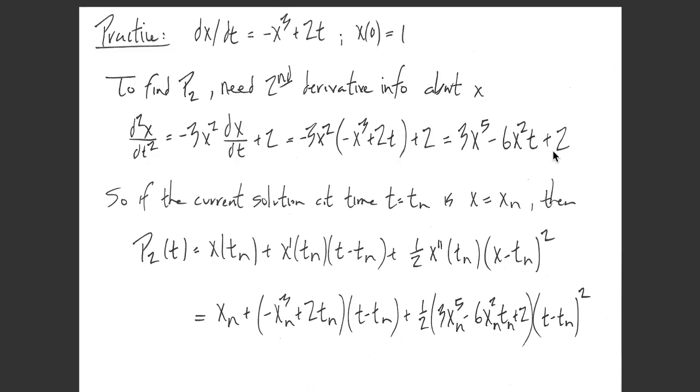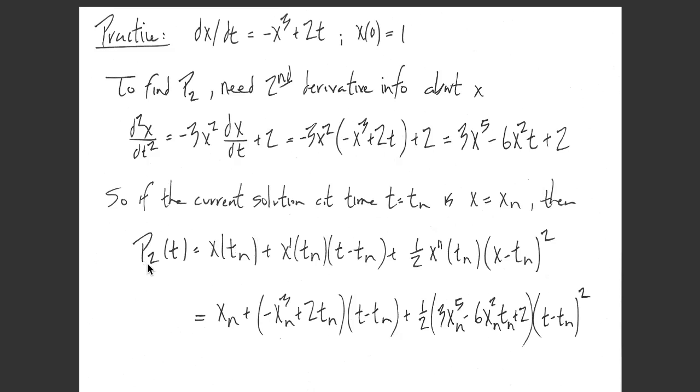And then from this information, we're able to put together that second degree Taylor polynomial. Now, this is kind of a more general version of the Taylor polynomial, because we want to find the polynomial at any given step of the Euler's process. So we assume t is t sub n and x is x sub n, where those are the values that we've arrived at, at whatever step we're in during Euler's method. And so we just use those values in that derivative information.